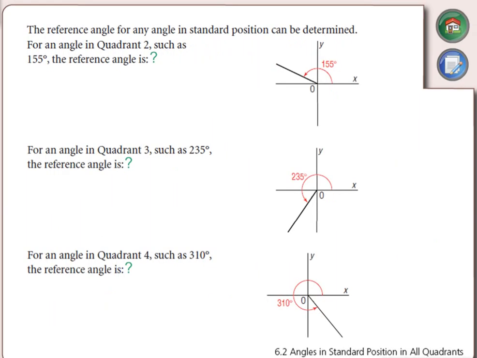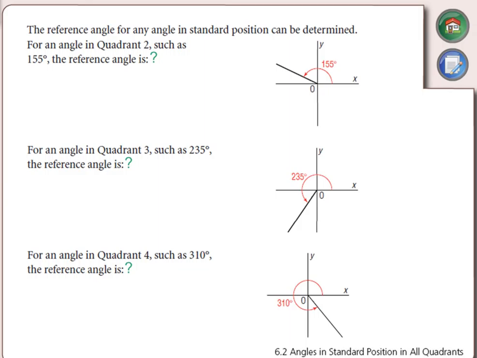So then why are we looking at these principal angles and reference angles? The reason being is that we can find the trig ratios of principal angles by looking at the reference angle, referring to a smaller angle, the angle inside our triangle. So if I give you the principal angle of 155 and you're looking inside, we're going to work backwards.